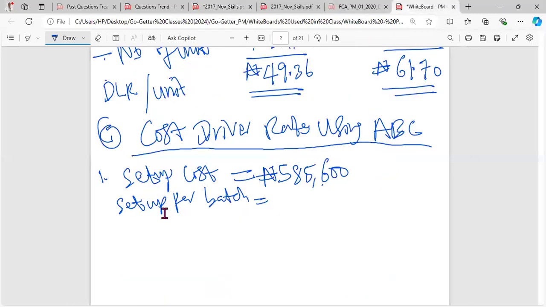So let me amend this to be number of setups, instead of setup per batch. I will just do it straight.